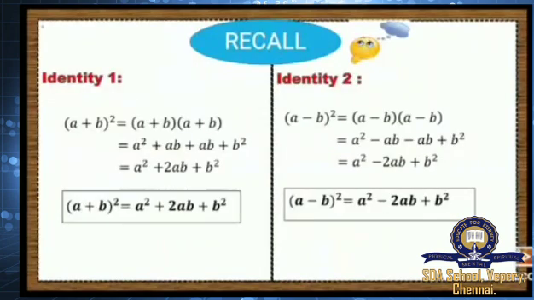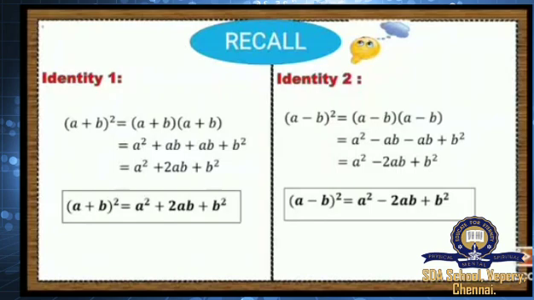So now let us recall the identities we have studied. So the first identity is a plus b the whole square. So this a plus b the whole square, I can write it as a plus b into a plus b. So now multiply first term in the first bracket with the first term in the second bracket.